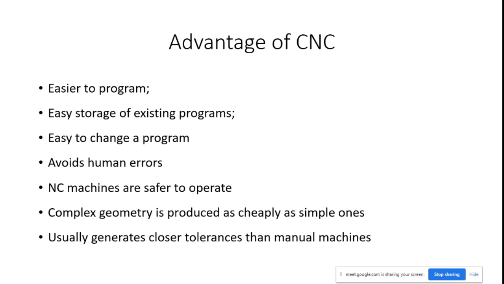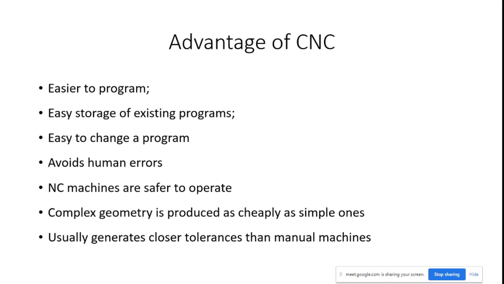NC machines are safer to operate. Complex geometry is produced cheaply. For example, if you want to make a face mask, you can easily make that complex shape with the aid of a CNC machine, which usually generates closer tolerance than manual machines.